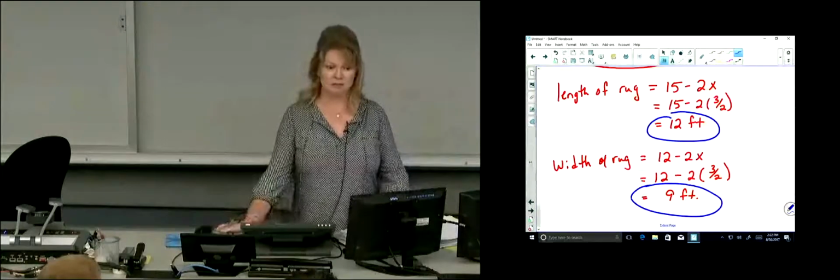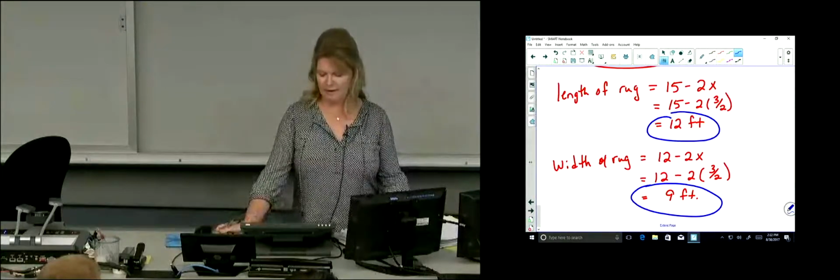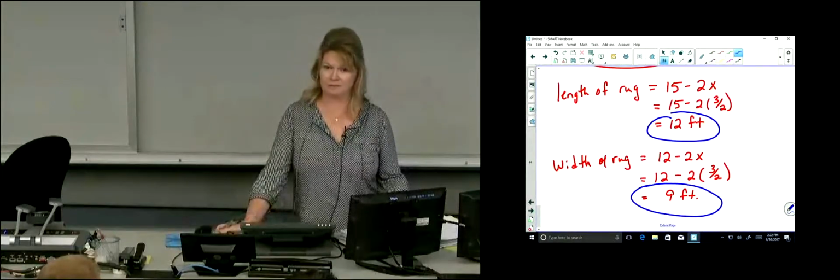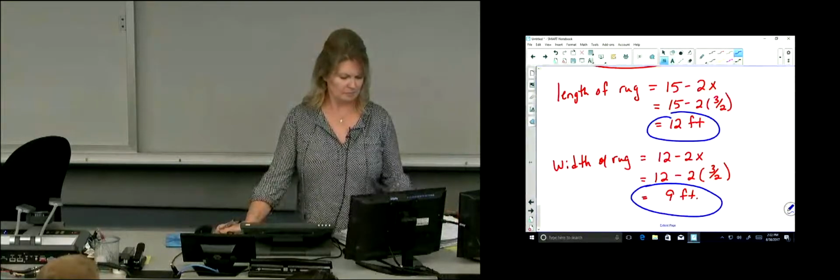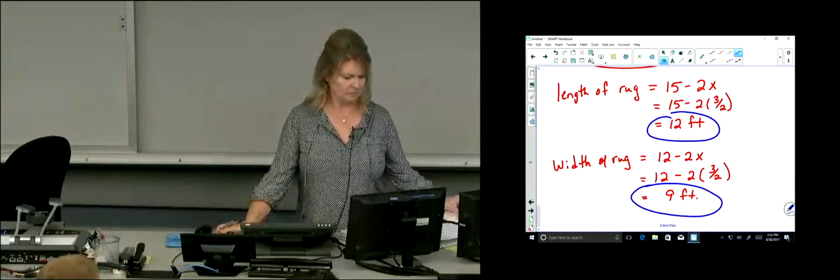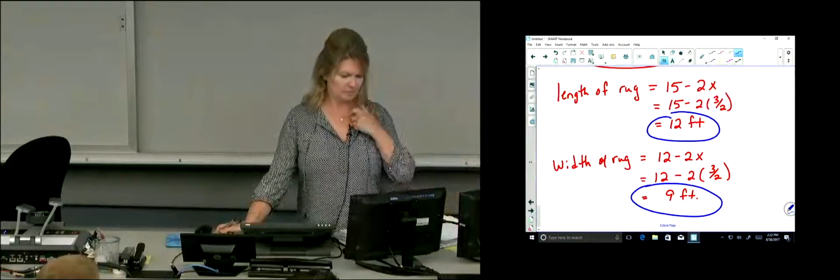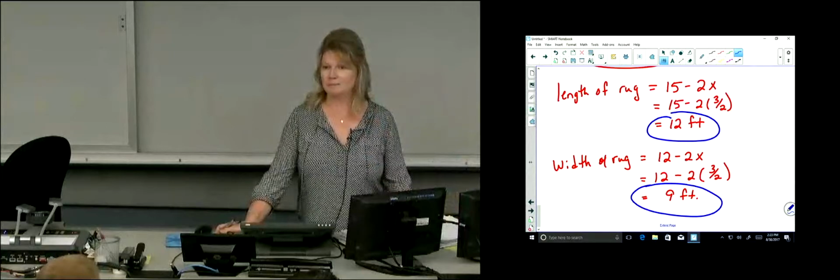So the dimensions would be 12 by 9 feet. Okay.